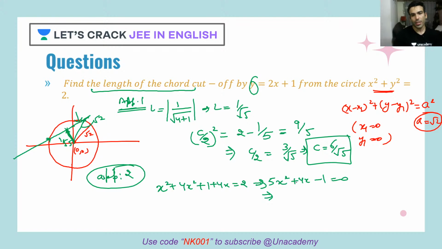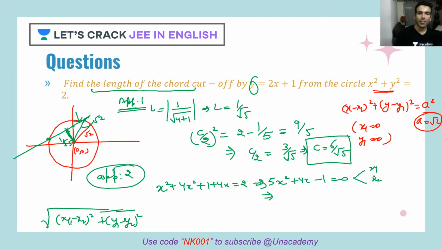Okay, so let's say the roots are x1 and x2. I can calculate y1, y2 by just putting the x1 and x2 values here, right? Now just think, I'll be calculating the distance. Distance will be the square root of x1 minus x2 whole square plus y1 minus y2 whole square, correct?